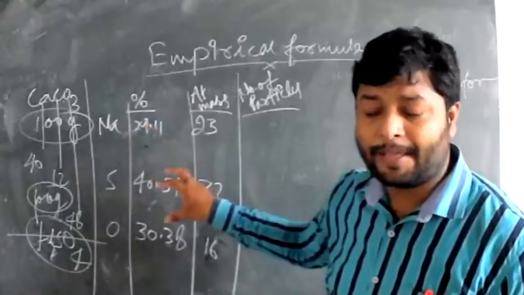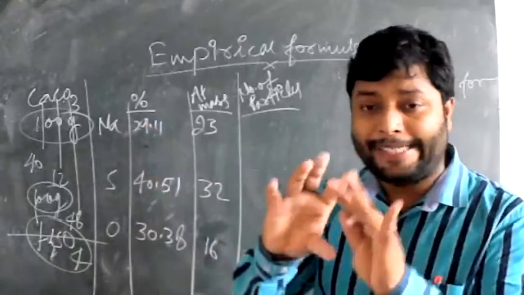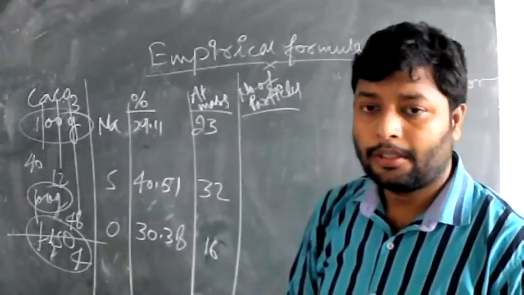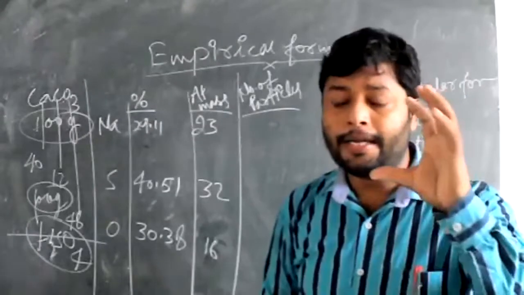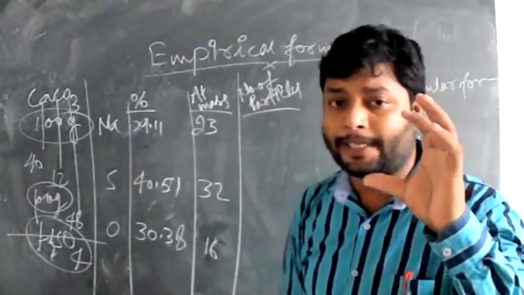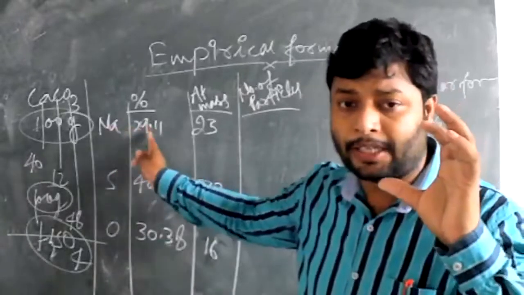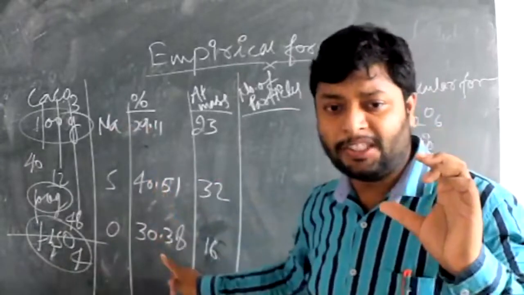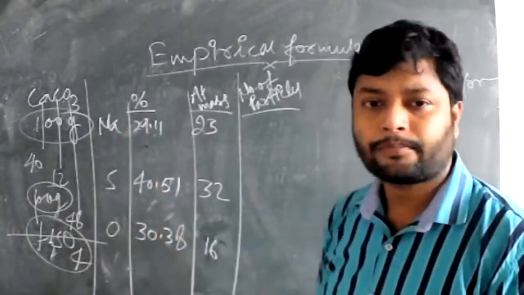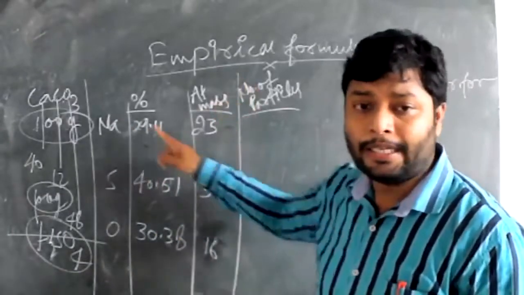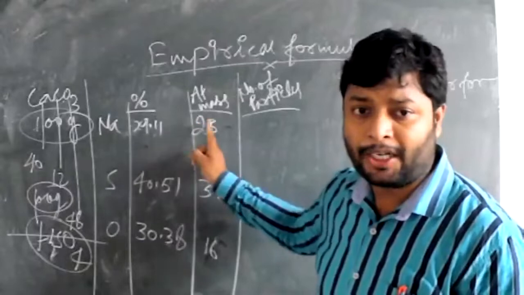Percentage composition always gives you the idea of the mass of the element. You can say in 100 gram of the molecule, sodium is present this many grams, sulfur this amount of gram, and oxygen this amount of gram. So the number of particles can be calculated by the given mass percentage upon atomic mass.